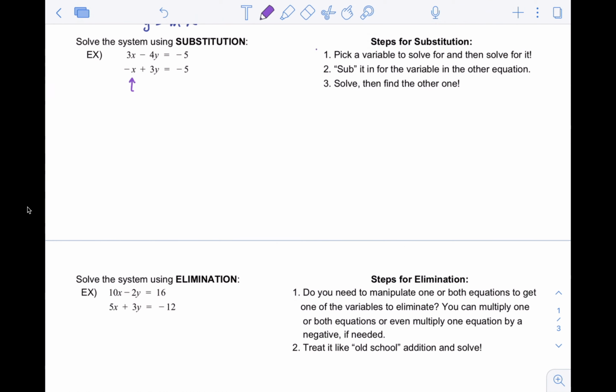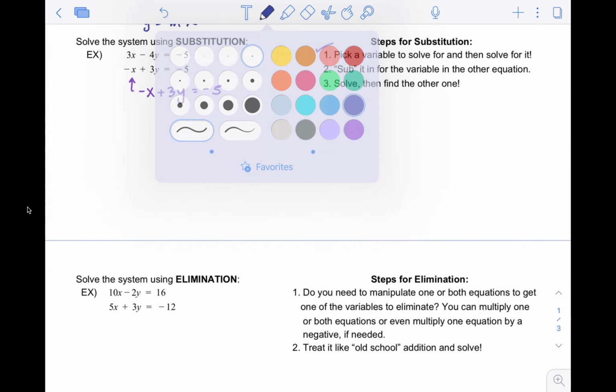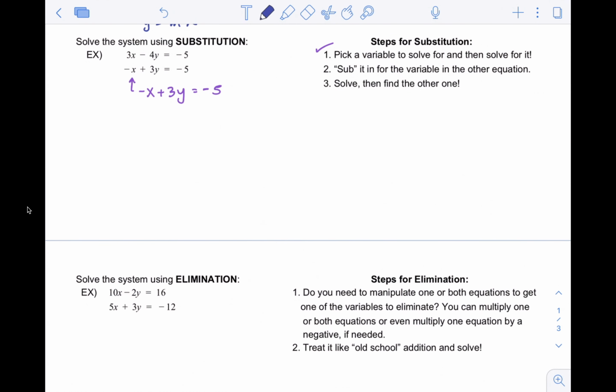Step 1, pick a variable to solve for, and then solve for it. So I'm going to take negative x plus 3y equals negative 5. And I'm going to solve for it. So I'm going to have to move the 3y and update my problem. Negative x equals negative 3y minus 5.